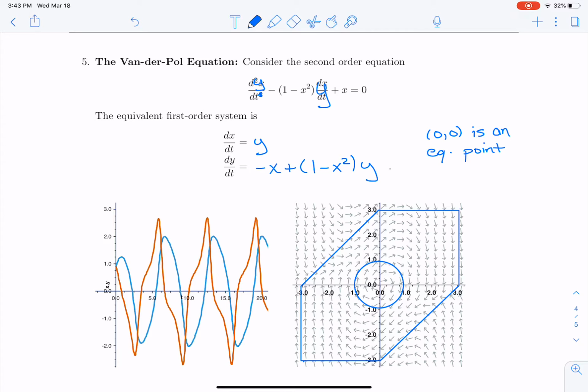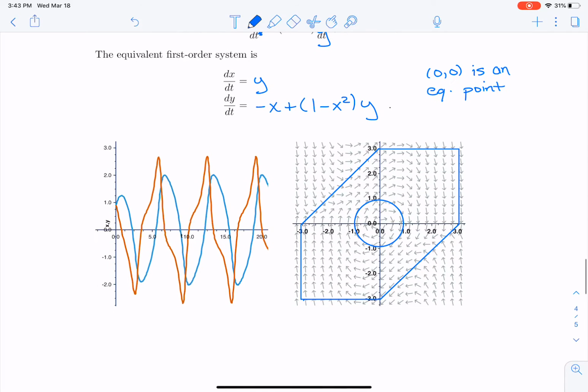So in order to see this, I first need to see that the solution is going to remain outside of that circle of radius 1. So I would like to see what happens near the circle of radius 1. In order to do that, I'm going to look at the system in polar coordinates. What is r dr/dt? Well, that's x times dx/dt plus y times dy/dt.